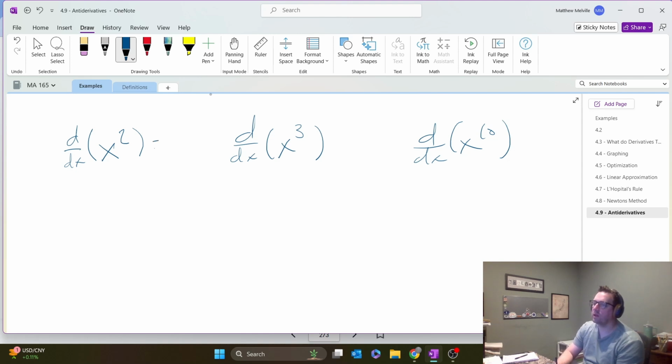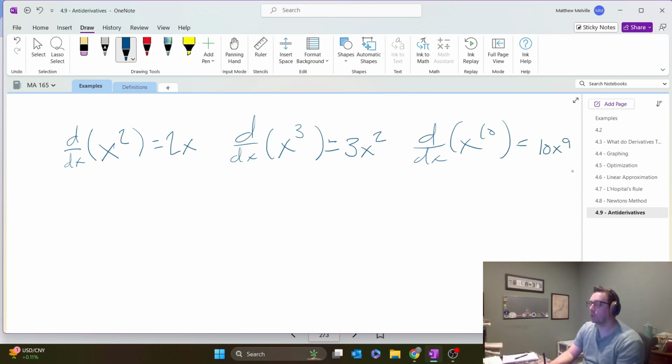So if I do this one, I can see it's 2x. I bring the exponent down in front, and then I subtract 1 right there. Well, the derivative of this one is 3x squared. And the derivative of this one is 10x to the 9th.